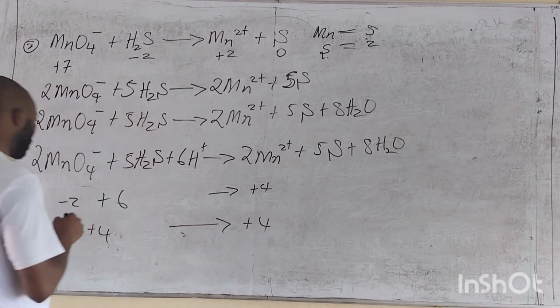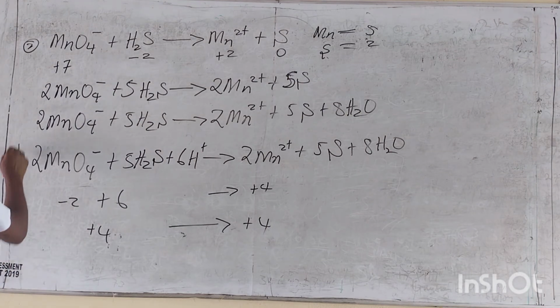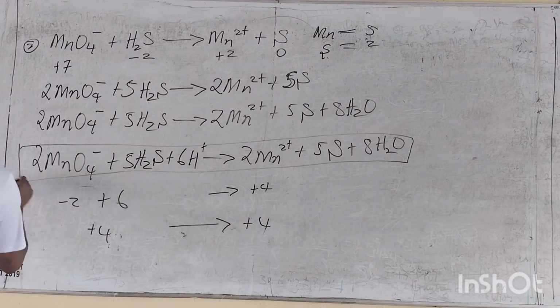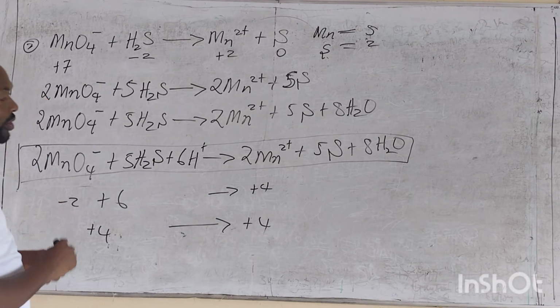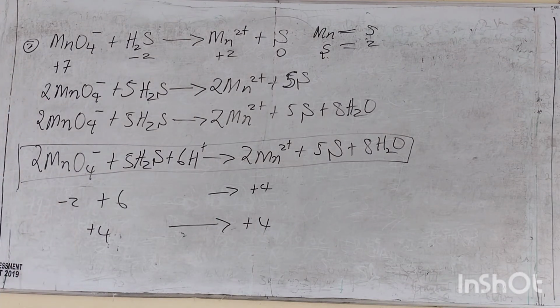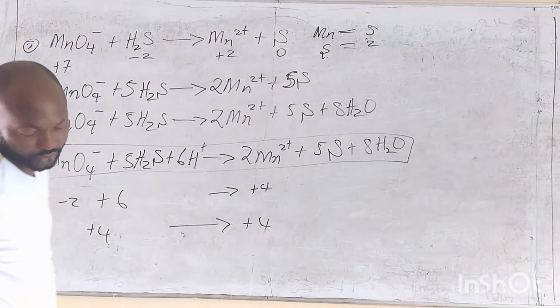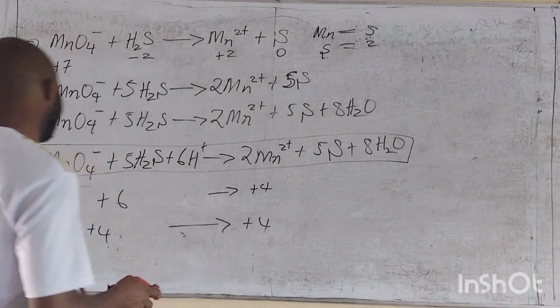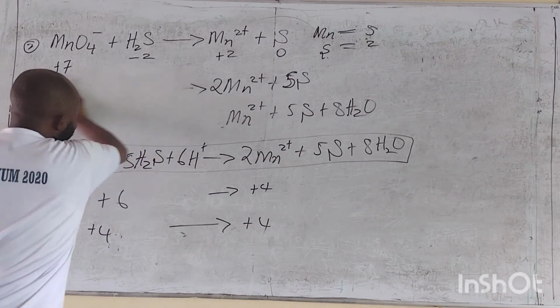So we say our equation is balanced. As such, this becomes our official balanced equation, which we can use in redox or titration. So that's question number 2 in balancing of redox. Let's take more. I don't know the one they may likely bring.